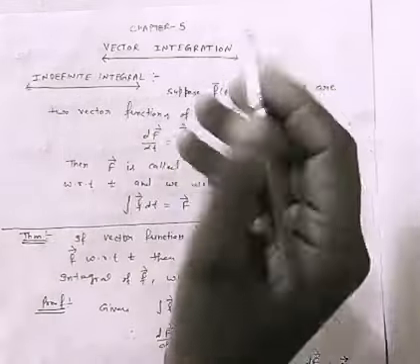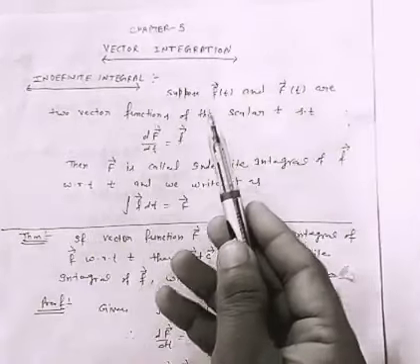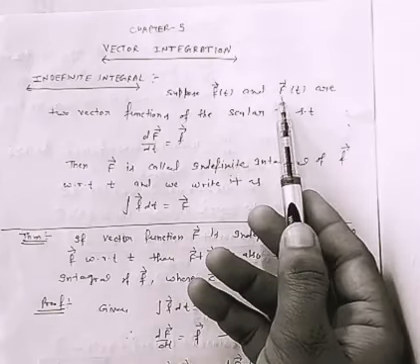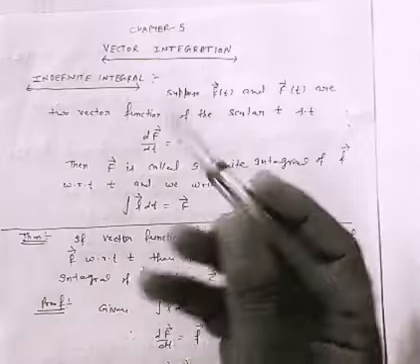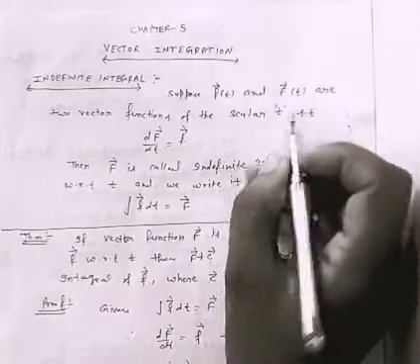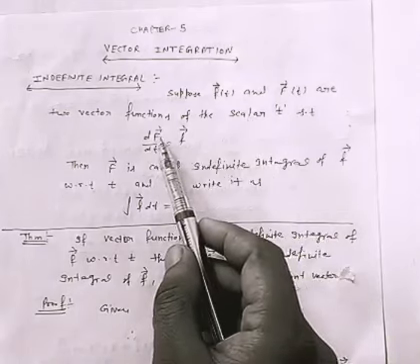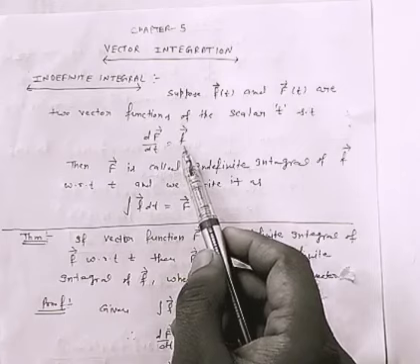Suppose small f factor and capital F factor are two vector functions of scalar t such that derivative of capital F factor with respect to t is equal to small f factor.